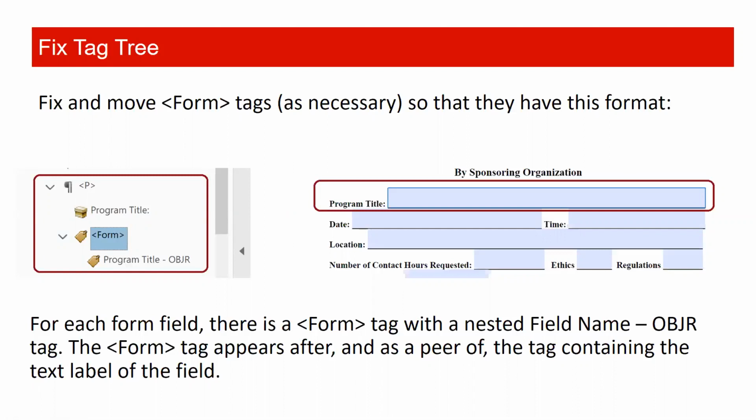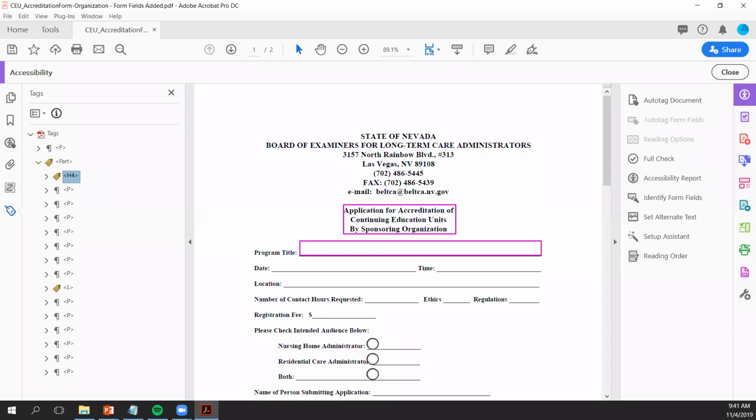So essentially, we're making sure that this pattern is being followed for each of the tags for form fields. So I'm switching back over to the exercise file. There's lots of opportunities to practice fixing this formatting in this exercise file.